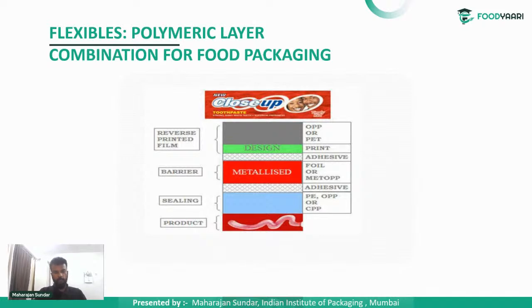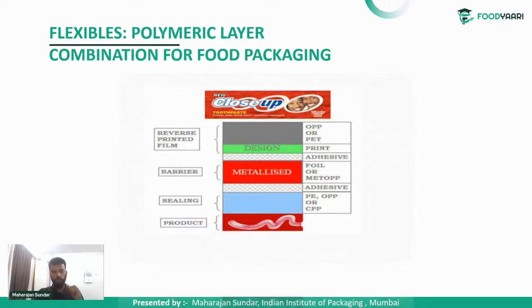From the product side, the food contact layer, or the paste contact layer, is polyethylene or OPP or CPP. OPP is oriented polypropylene, and CPP is a form of polypropylene manufactured by a casting process.